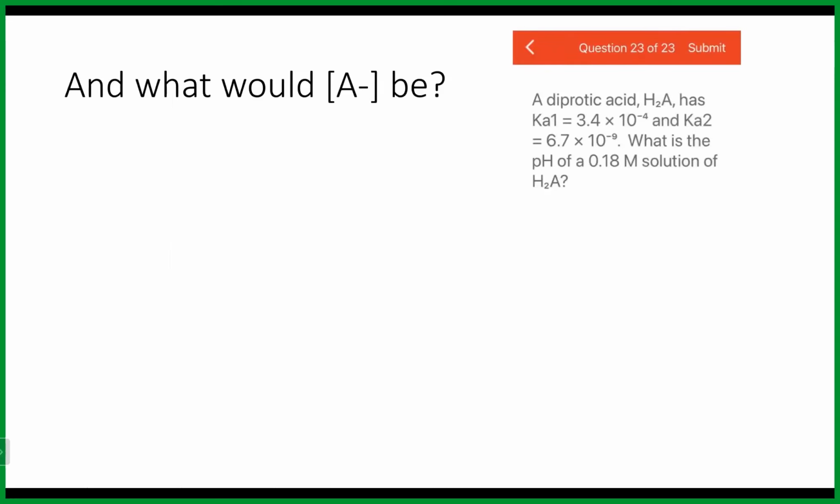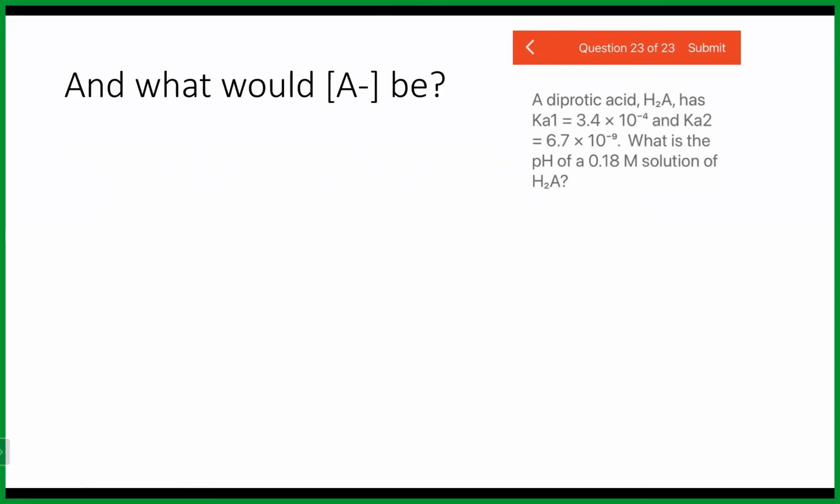And then with the final one, we've got two different pieces to this question. We've just got some diprotic acid. So we first want to think about what the dissociation equations would look like for that. And again, since it's diprotic, we've got two of the hydrogens there.